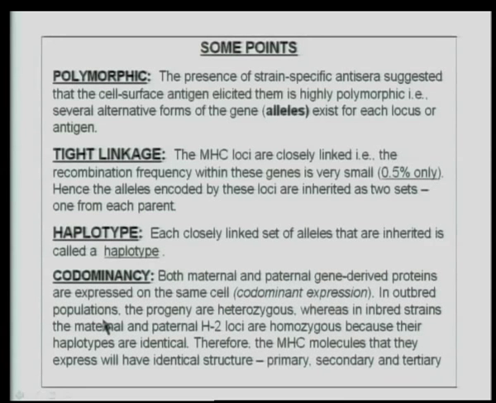In outbred populations, the progeny are heterozygous, whereas in inbred strains of mice, the maternal and paternal H2 loci are homozygous, because their genetic sequences are identical. Therefore, the MHC molecules that they express will have identical structure, as opposed to an outbred population that is not inbred.